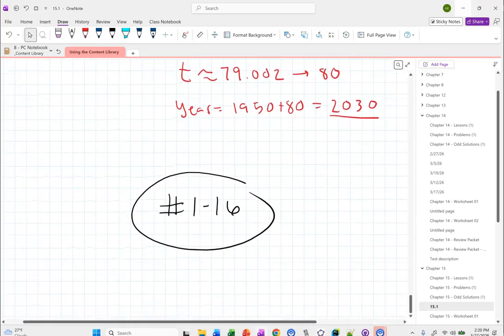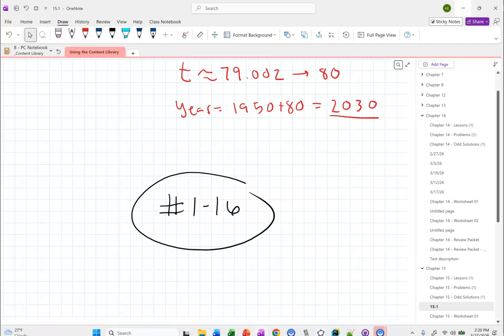That's it for 15.1. So your assignment for that should be 1 through 16. Feel free to use the calculator. I encourage you to practice using the calculator to do these things. The solving exponential should be done using the calculator. That would be the expectation come the test for these sorts of problems where the numbers are really inconvenient.